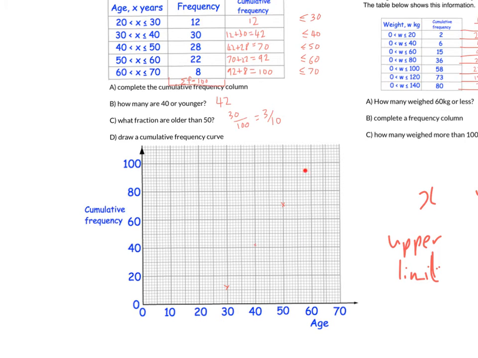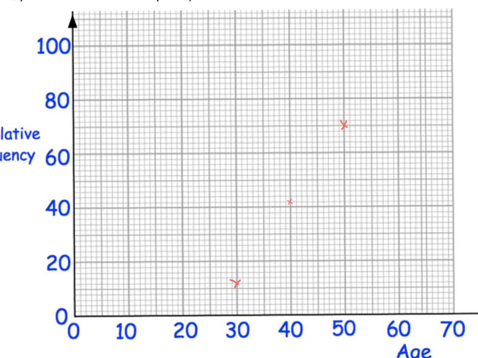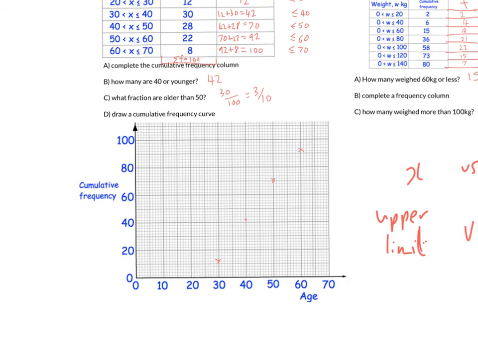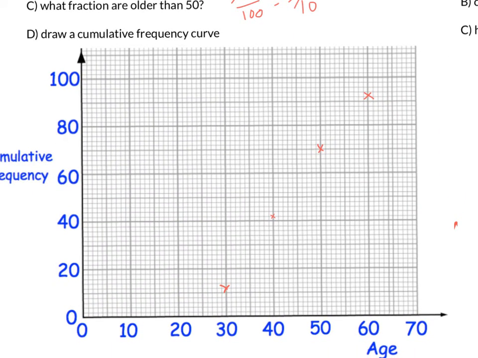So 60 across, 90, and then 92, it's a wee bit high. If you get it wrong, you should be going again till it's accurate. And the last one, upper limit is 70, cumulative frequency is 100. So 70 against 100.